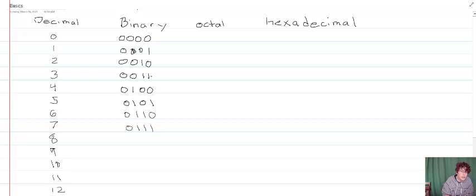With 3 digits, the biggest number I can make is 7. With 2 digits, the biggest number I can make is 3. So now I get to 8. I'll have a 1 in the 8's place, and then zeros. And so that's 8.